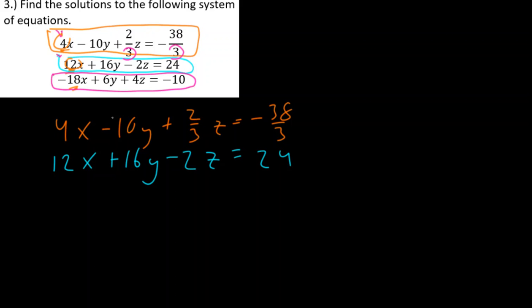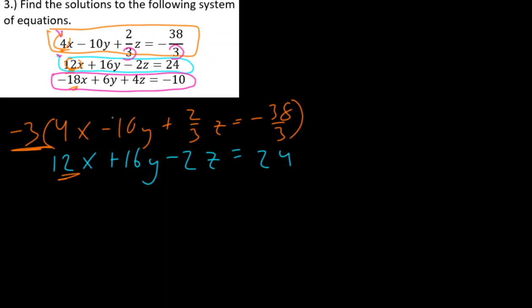Okay, let's not worry about anything else. Let's just start here. In order to get rid of that positive 12x, I need to turn 4 into a negative 12x. So 4 times what number will get me to negative 12? And that would be 4 times negative 3.